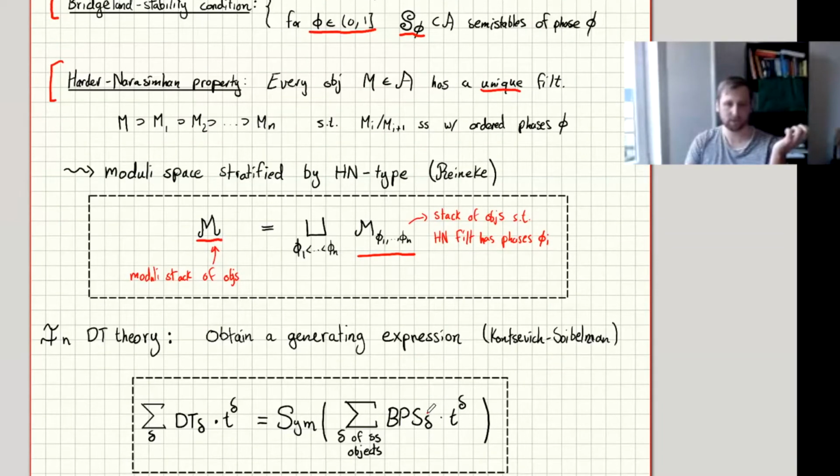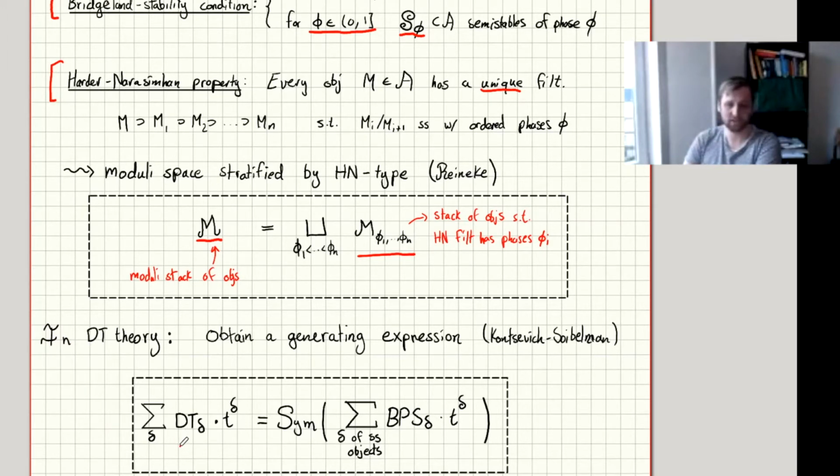So that's the wall crossing formula. And so, yeah, quick disclaimer: you need some extra conditions on your category. But if you're nice and 3-Calabi-Yau and have all those nice geometric properties, then you'll get a formula along these lines.